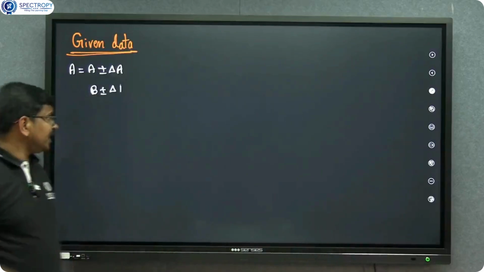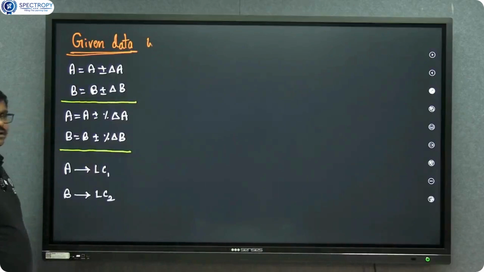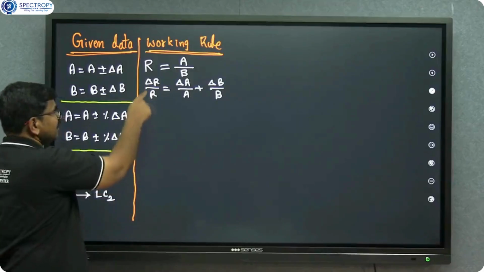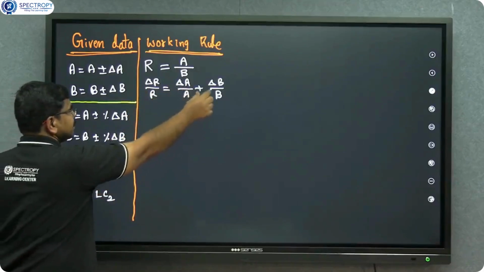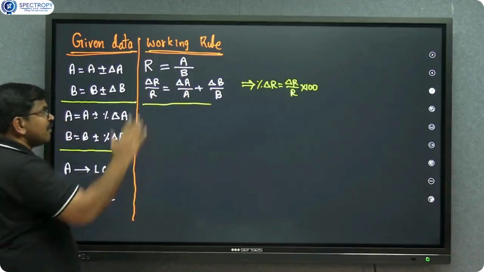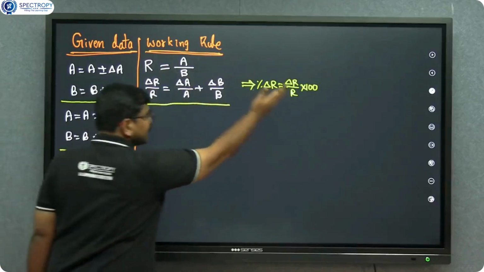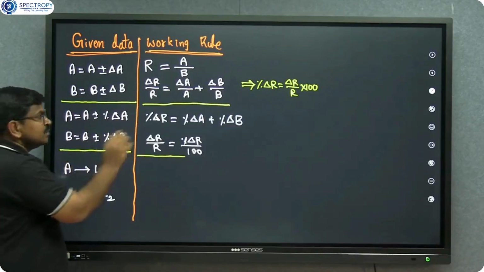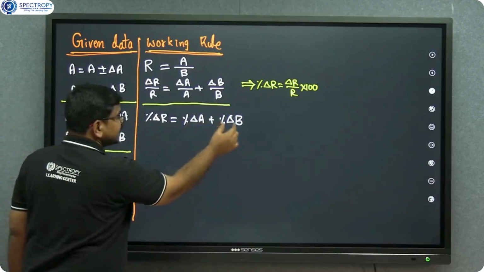Division, the given data will be in 3 ways again, and the operation is A by B. In the first case, delta r by r equal to delta A by A plus delta B by B, and after finding the fraction error I can get the percentage error. In the second case, the given data is percentage error, so I will apply the rule that percentage errors are added.